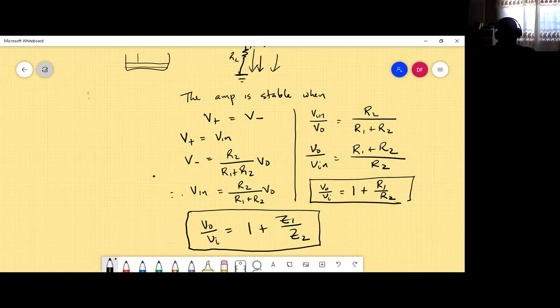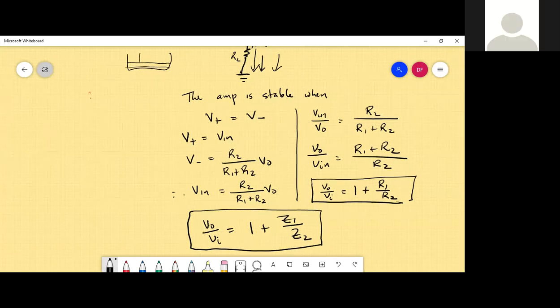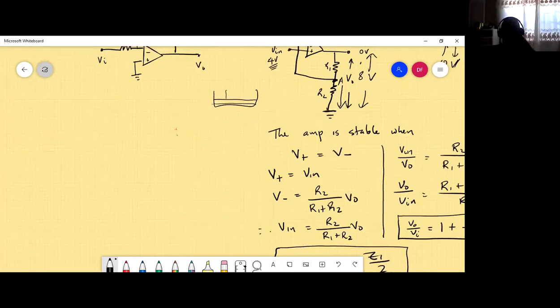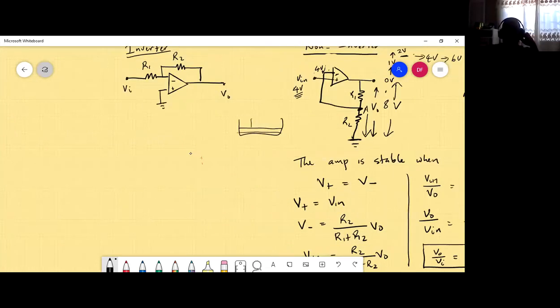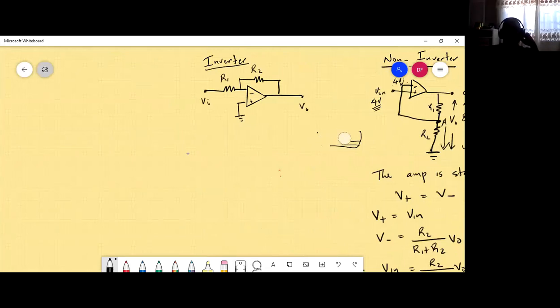Now we can move over to the inverter. The inverting amplifier takes a positive voltage.